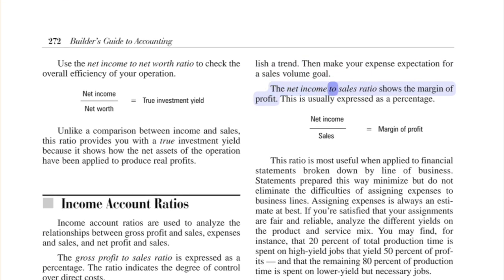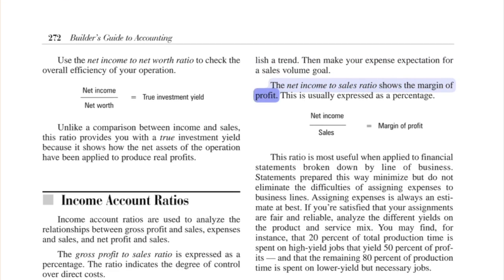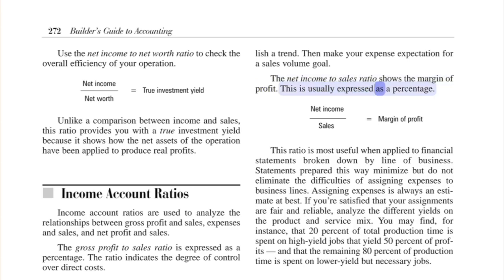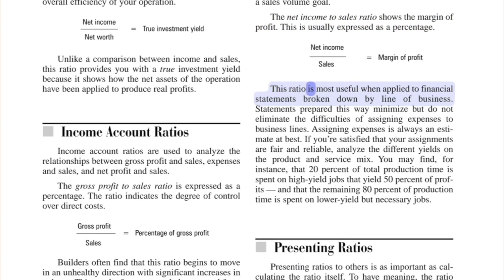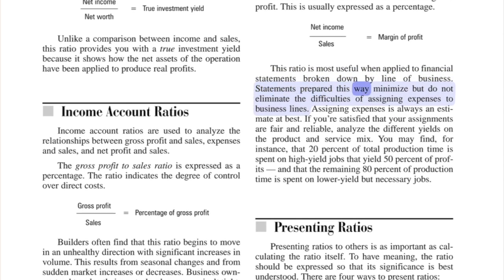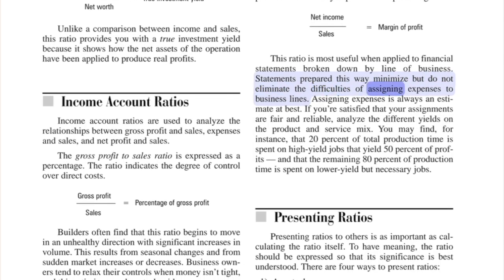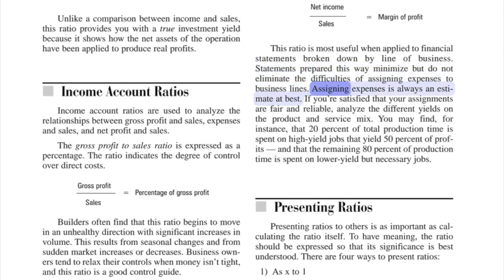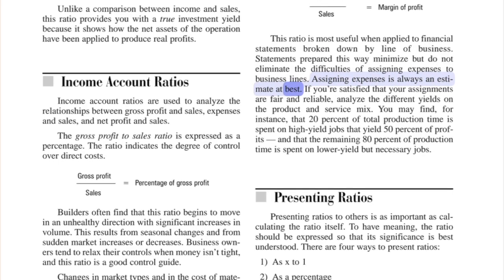The net income to sales ratio shows the margin of profit. This is usually expressed as a percentage. This ratio is most useful when applied to financial statements broken down by line of business. Statements prepared this way minimize, but do not eliminate the difficulties of assigning expenses to business lines. Assigning expenses is always an estimate at best.